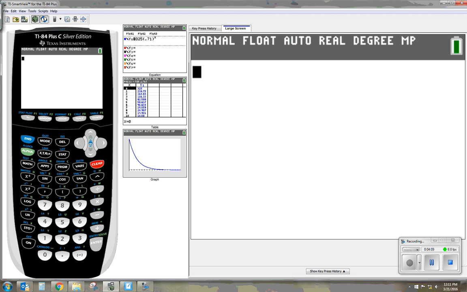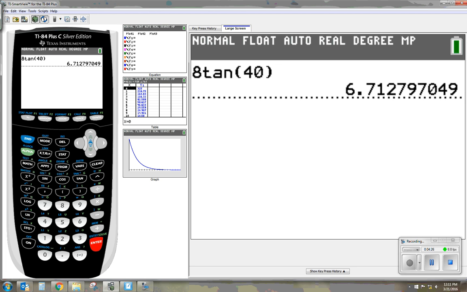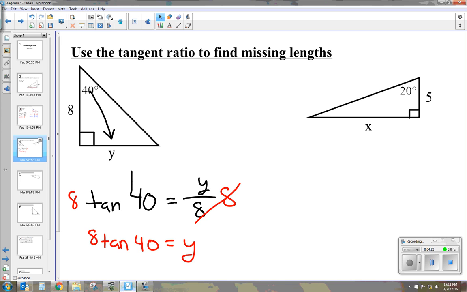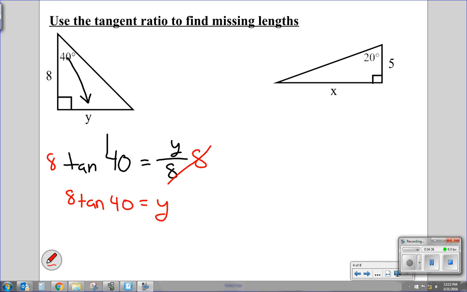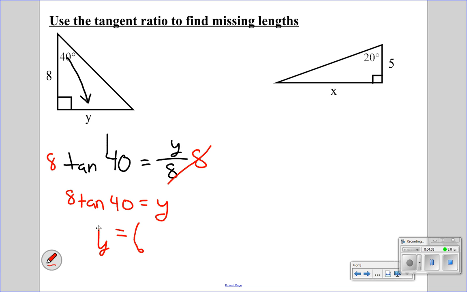And then we simply plug in 8 times the tangent of 40, close our parentheses, and we get roughly 6.71. So y equals roughly 6.7.